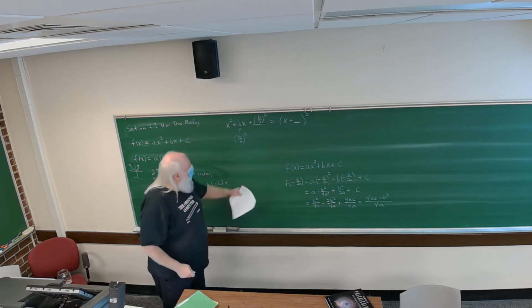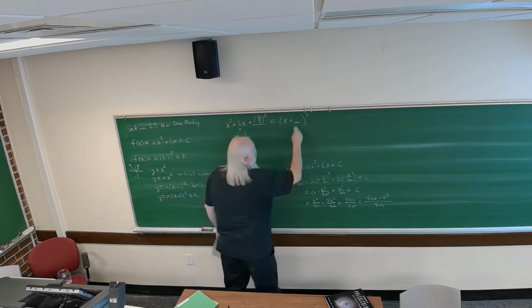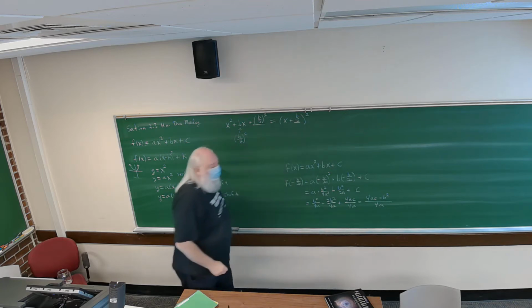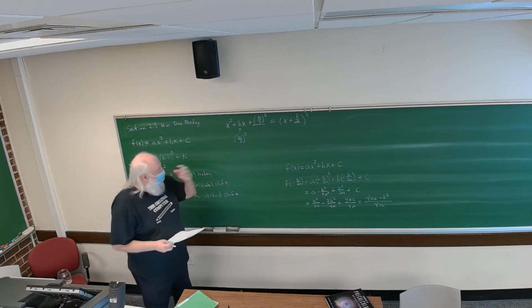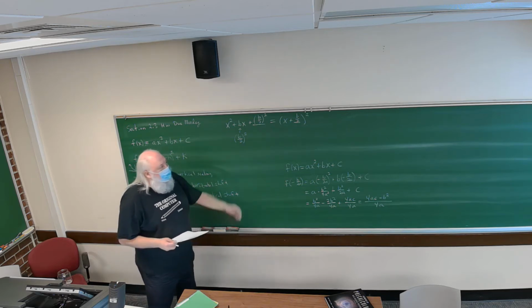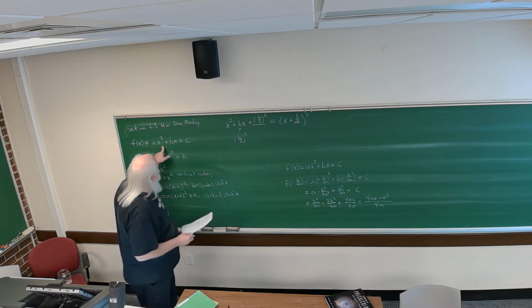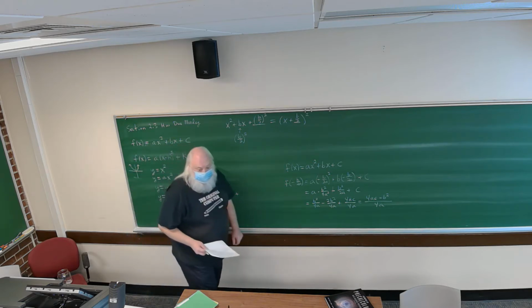When we do that, now we have a perfect trinomial, and it factors into x plus b over 2 squared. We're going to be doing this basic idea, rewriting a quadratic function, going from ax squared plus bx plus c form to the other form. Okay?